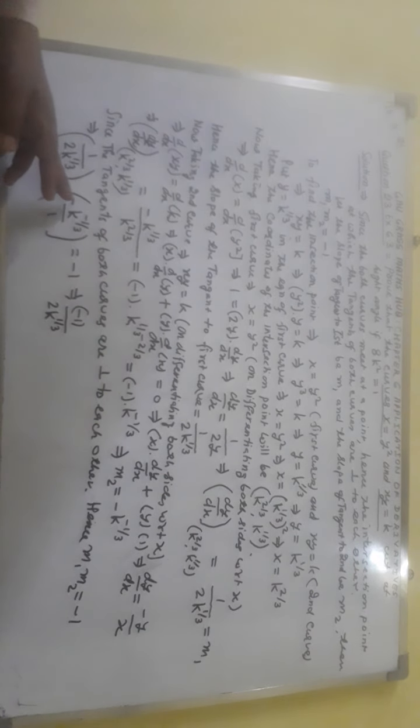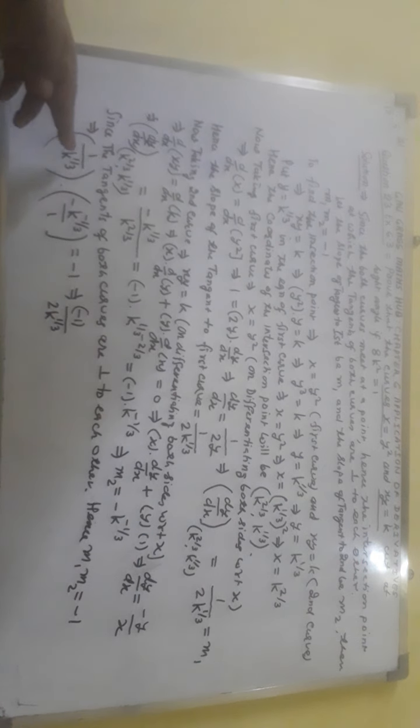Next I shall do here minus 1. So here write minus 1 over 2k raised to the power 1/3. This thing we have got. This minus 1 will multiply to 1.